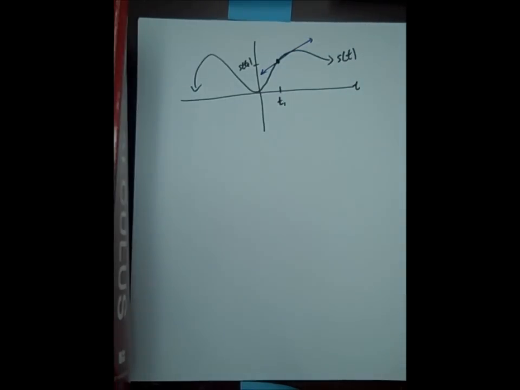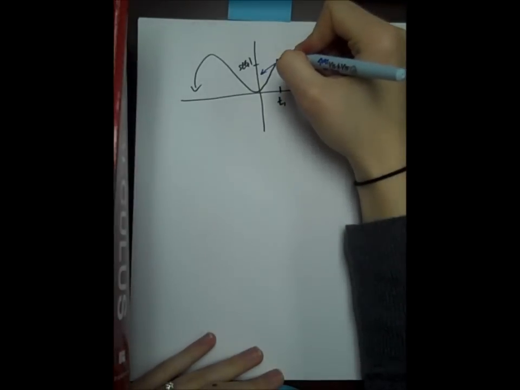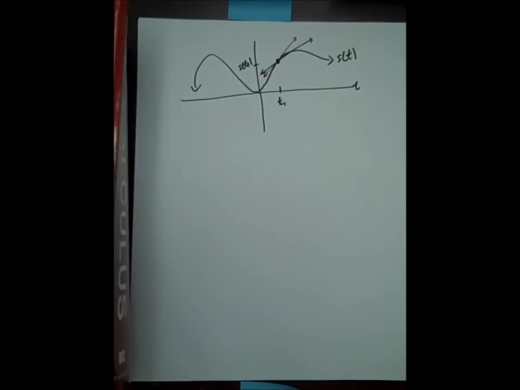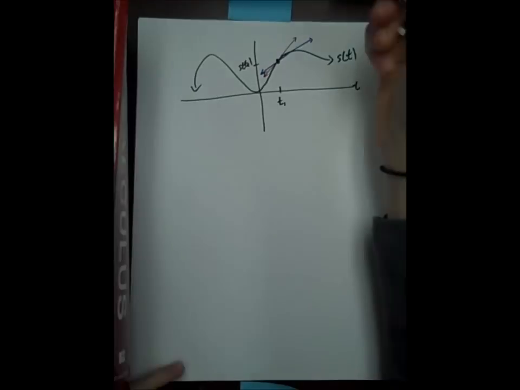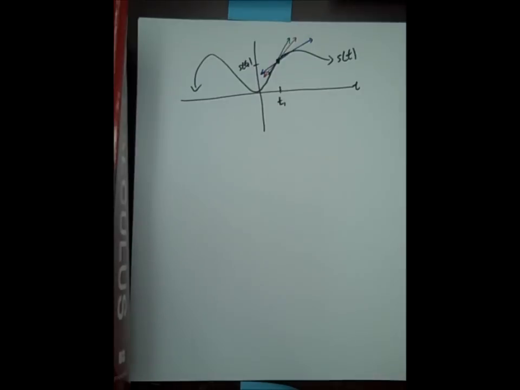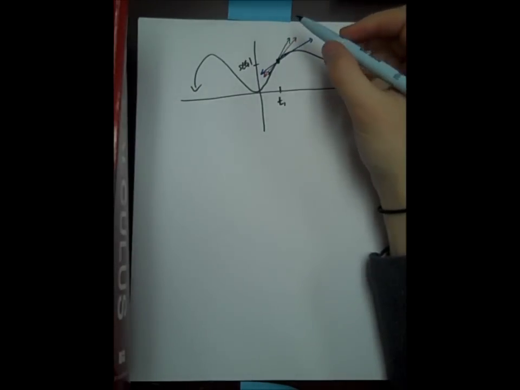So that was the slope of that line. Then we said I could do better. I could pick a point that's even closer and find the average velocity between those two. But I could do even better than that. I could pick a point that was even closer on my curve and find the average velocity between those two, which is the slope of all of these secant lines.